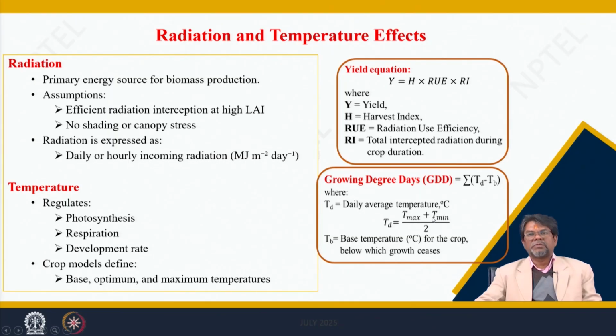Every crop requires a certain amount of growing degree days for transformation from one phase to another phase. So, depending upon the weather parameters, if the temperature is lower, then that phase may be longer. If temperature is higher, that phase may be shorter. So, the growing degree concept is used to predict the phenophases, the developmental phases.